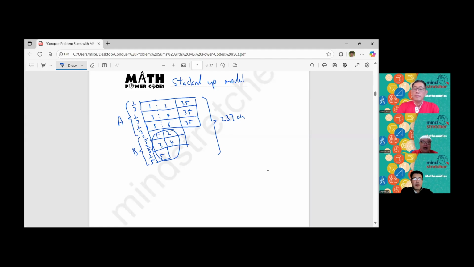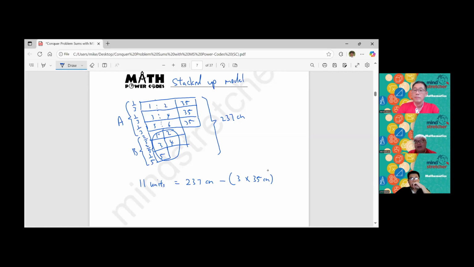That means total I have 11 units. So 11 units will be equals to 237 centimeter minus away 3 times 35 centimeter.